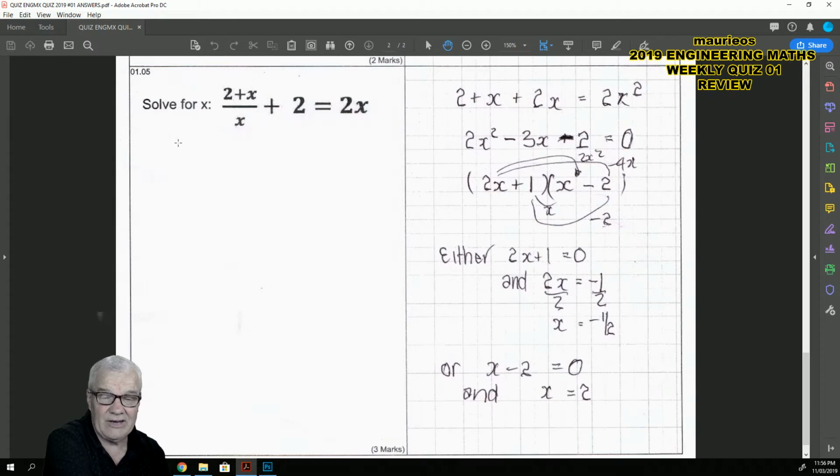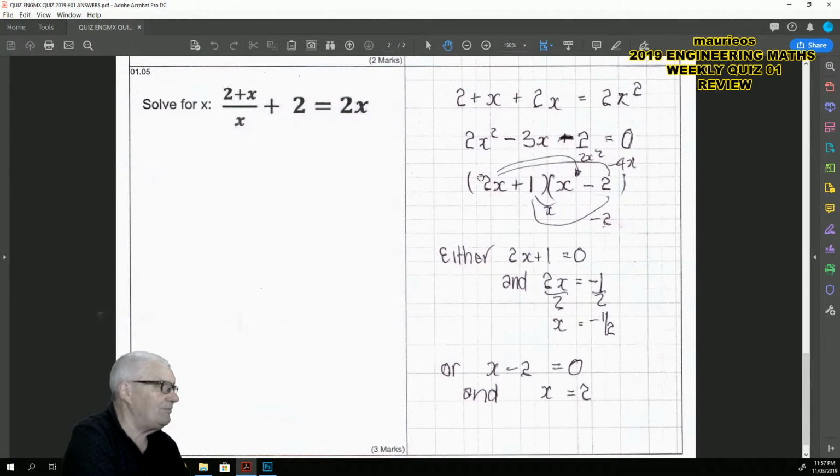In this case, we're going to simplify a bit, then factorize, then look at the factors, and then come up with some values for x. So we've got to end up at the end with x equals something.